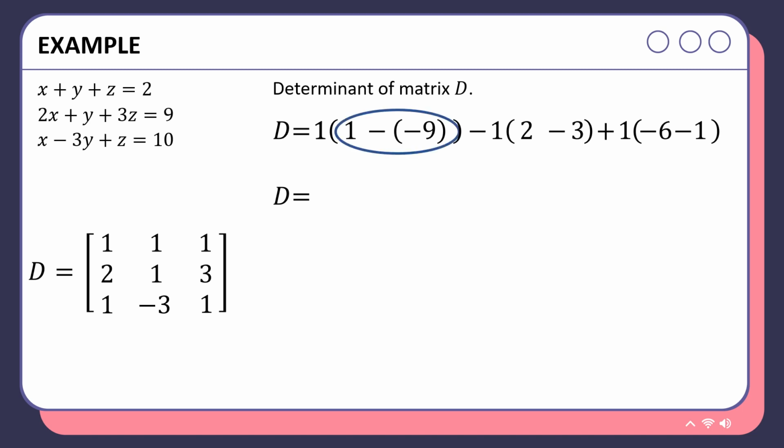One minus -9 is equal to +10 times +1 is equal to +10.